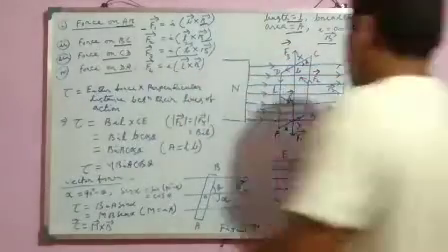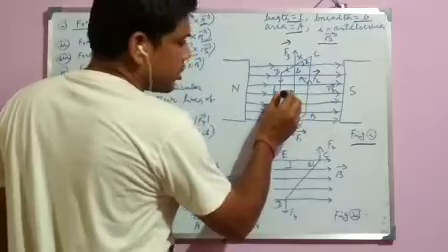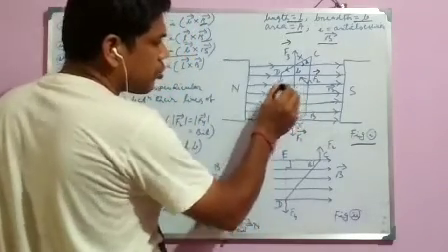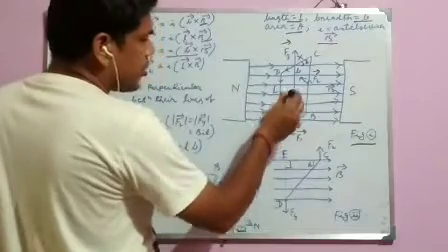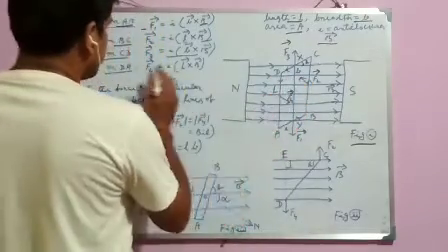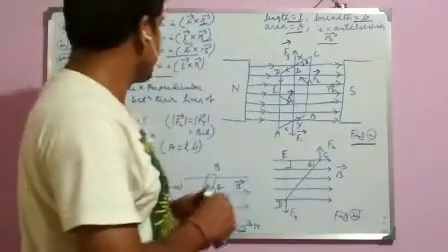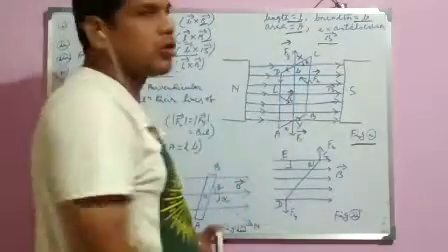The direction of this force is away from the plane of this board, along this direction, F4. These are the directions of the forces due to the magnetic field acting on this current carrying conductor.